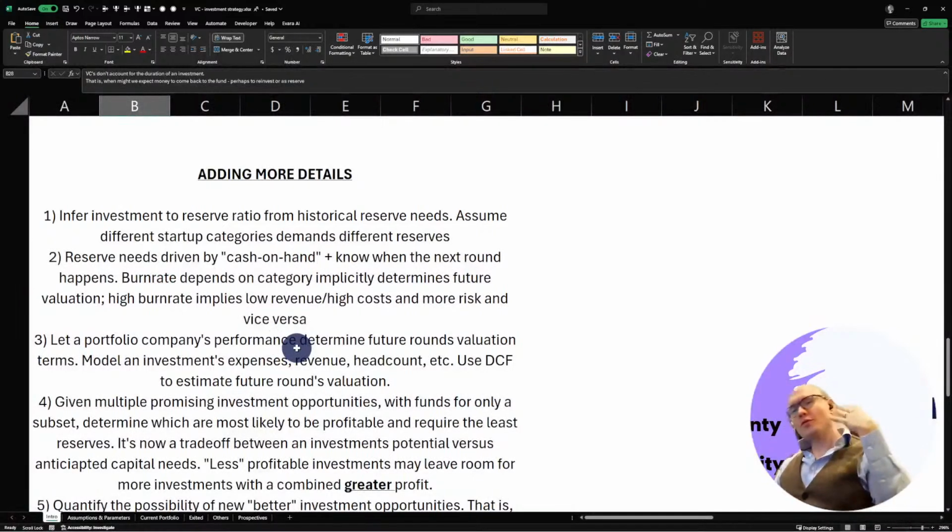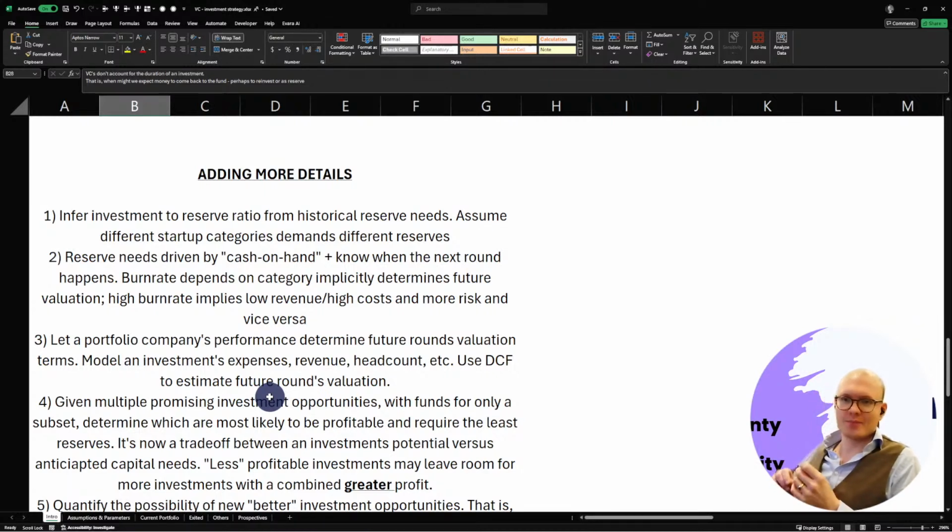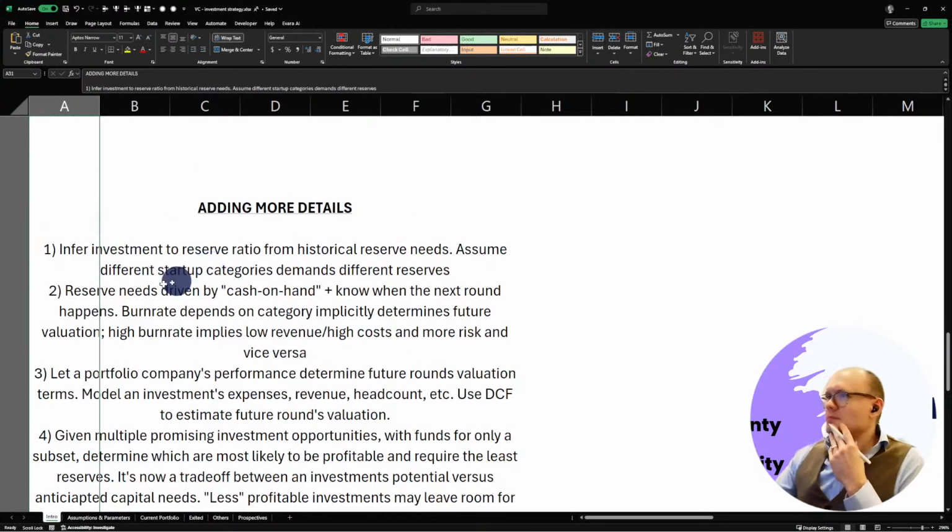So to go through how we might consider building some of these models, I've written here 5 different ones, and these are not exhaustive. This is just ways we could go about it, but it also illustrates ways that one can continuously build on top of one model and then another. In particular, we'll start off today to infer the investment to reserve ratio from historical reserve needs.